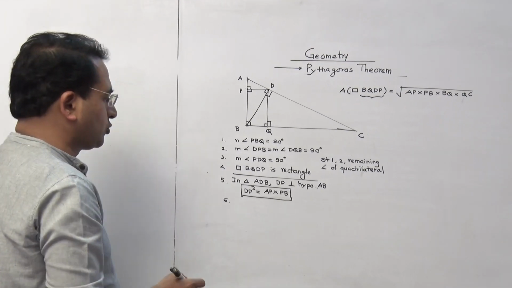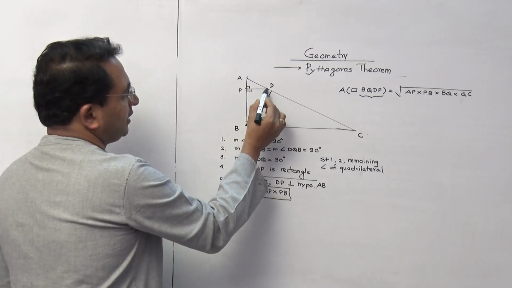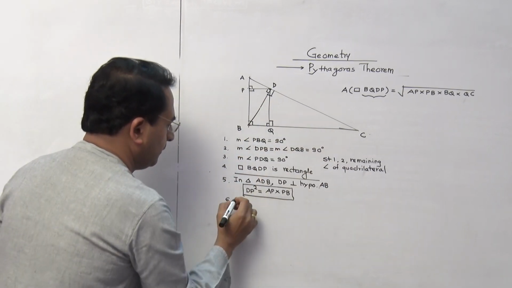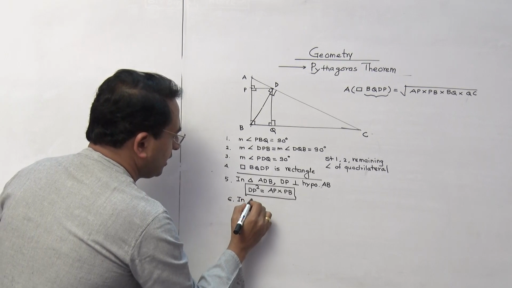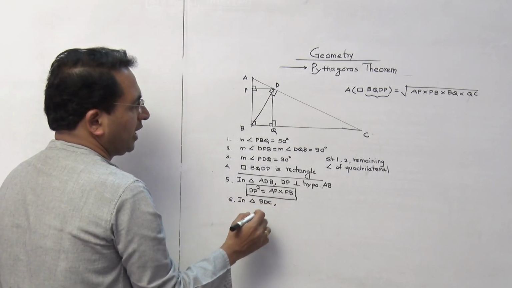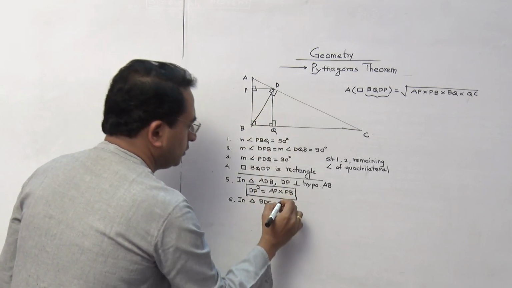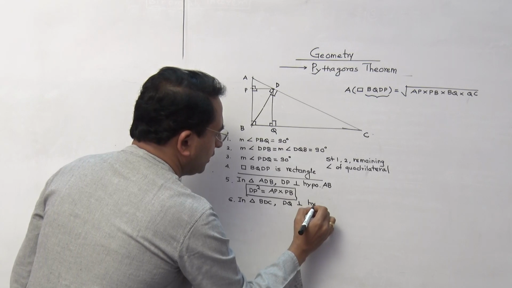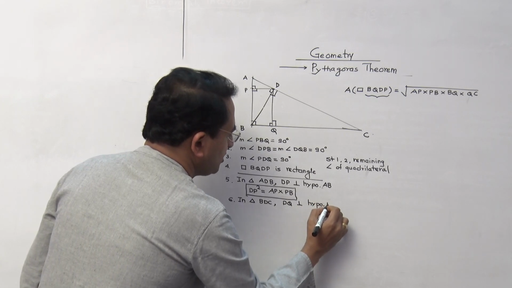I am writing the next one. Here DP square we have written. Now we will take BDC triangle. So I am writing in triangle BDC. What you should write? DQ is perpendicular to, it is hypotenuse BC or not.